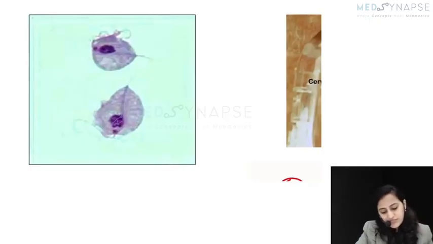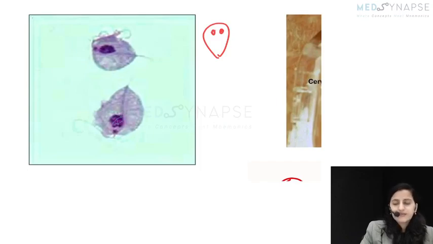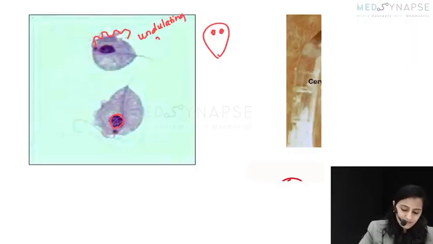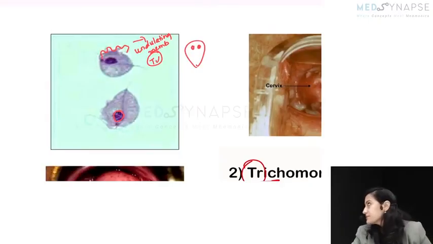Is this trichomonas? Is this giardia? Trichomonas. Why not giardia? Giardia has a paired nucleus. This is single. What else do you have here? Undulating membrane. TU, trichomonas undulating membrane.